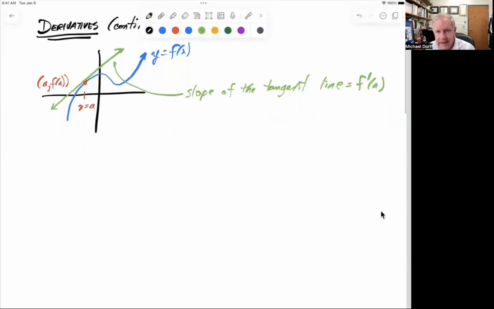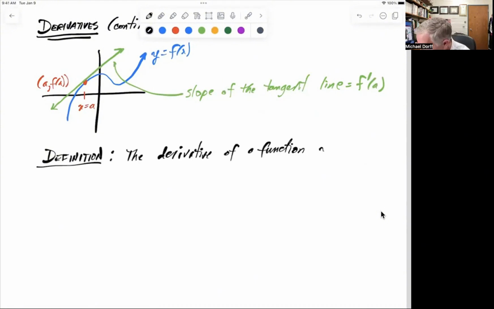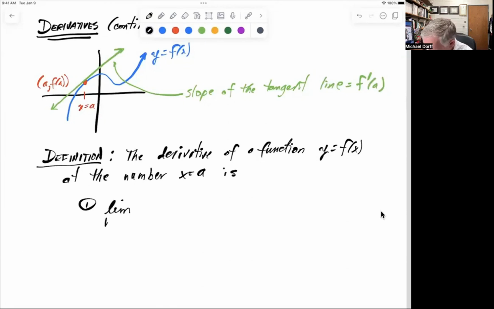Then how does that lead us to what is called the definition of the derivative. The derivative of a function y equals f of x at the number x equals a is given by the limit as h goes to 0 of f of a plus h minus f of a, all over h, and that's going to be the derivative at a.